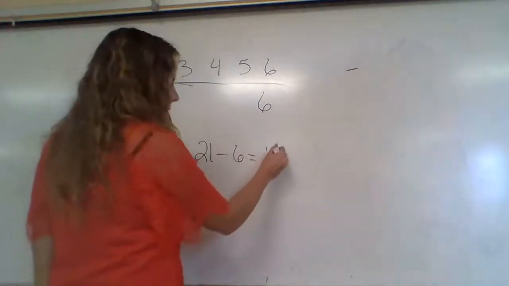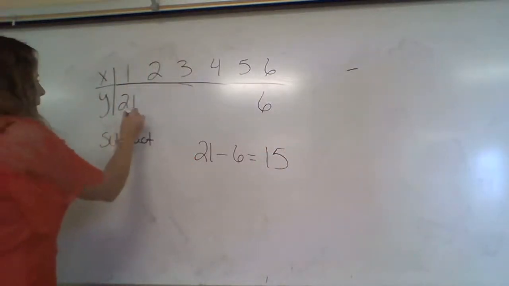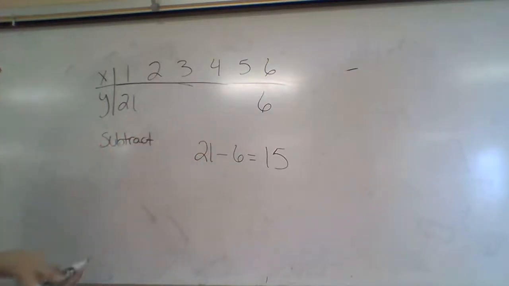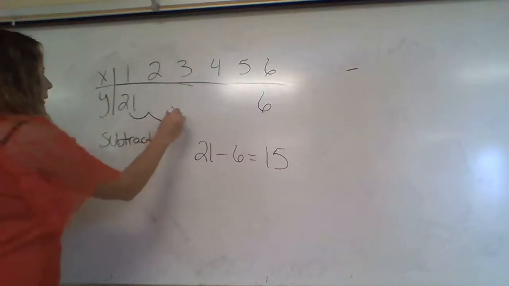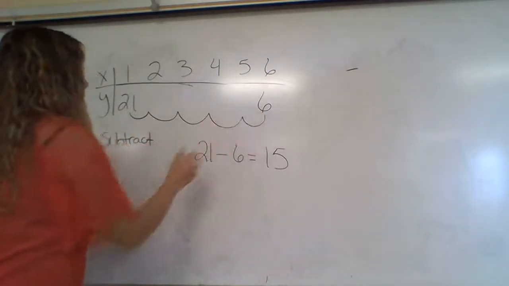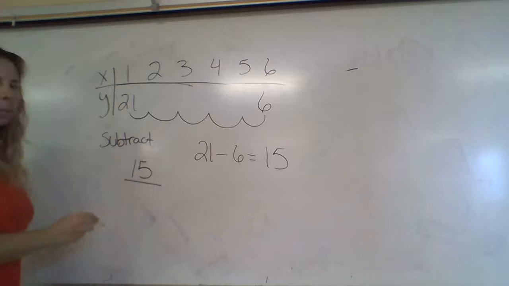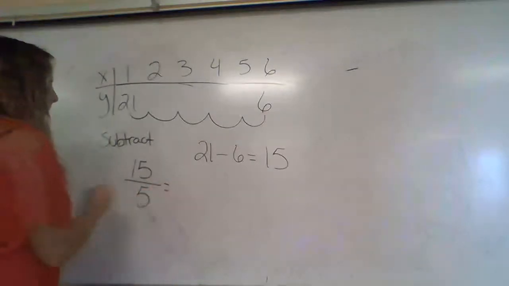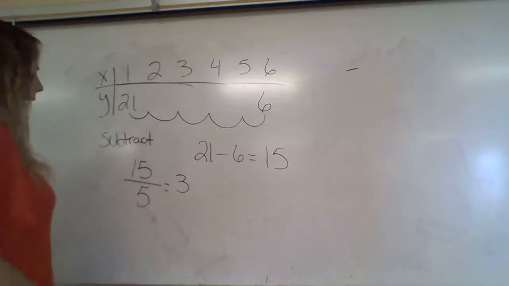Did you get 15? So that is what I am subtracting within here. I lose 15. Now you count the number of jumps. So let's see, 1, 2, 3, 4, 5. 5 jumps. So you take 15 and you divide it by the number of jumps. So divide it by 5. So you get 3. I'm subtracting 3 every time.